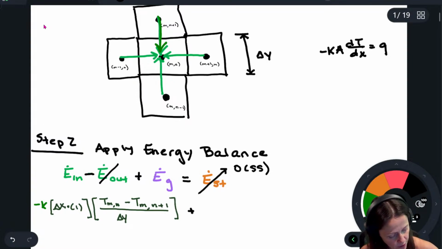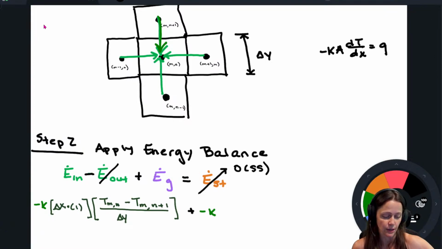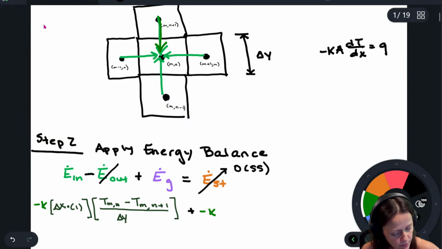Then we just keep on keeping on. I have another negative k, the one coming from 3 o'clock, from node m+1, n. The area is this area right here, delta y times 1.